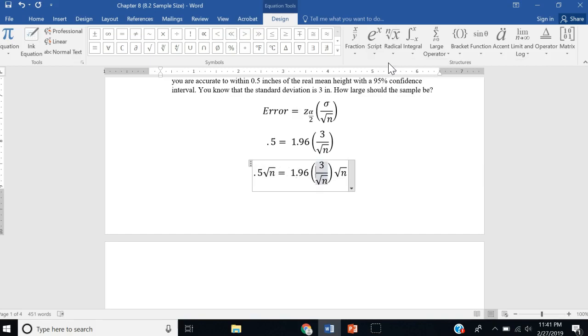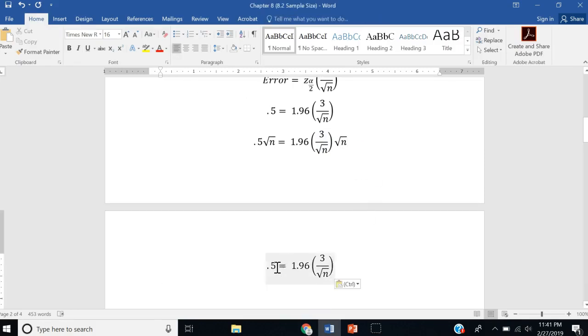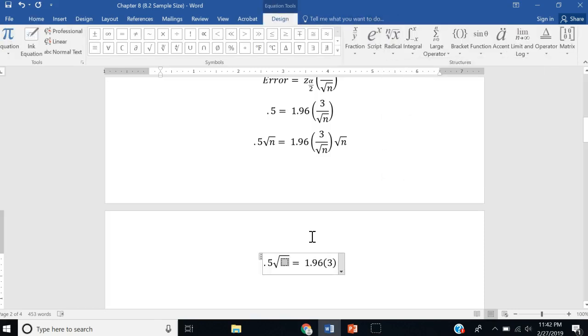Okay? Now, notice what that's going to do to the right-hand side. One square root of n, I'm dividing. The other square root of n, I'm multiplying. So they're going to cancel each other out on the right-hand side, and you'll be left with no denominator on the right-hand side, but a 0.5 times the square root of n on the left-hand side. So that's what's going to happen.